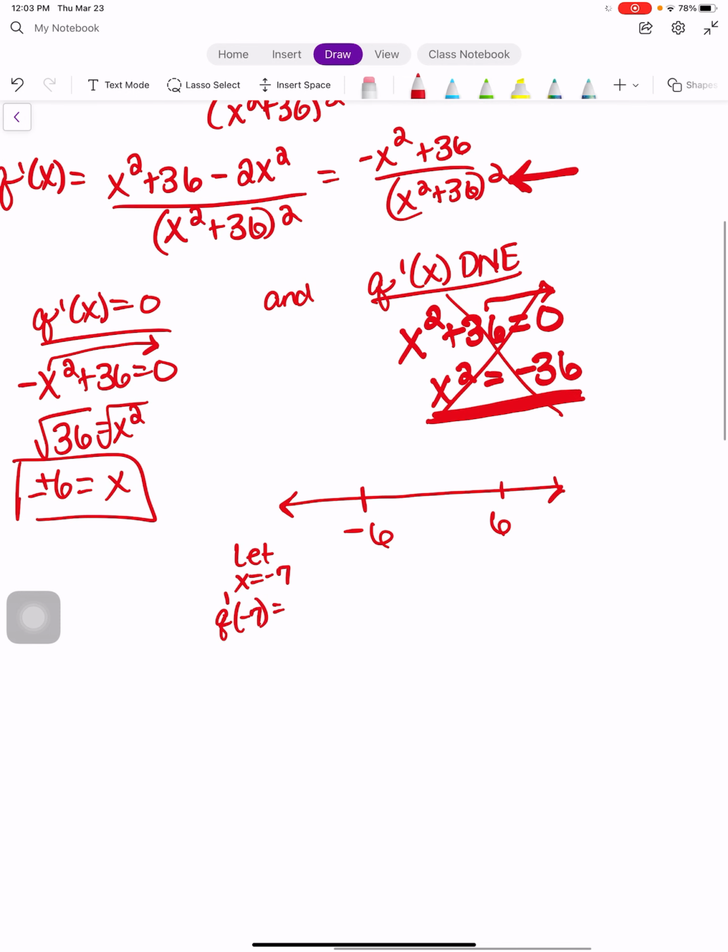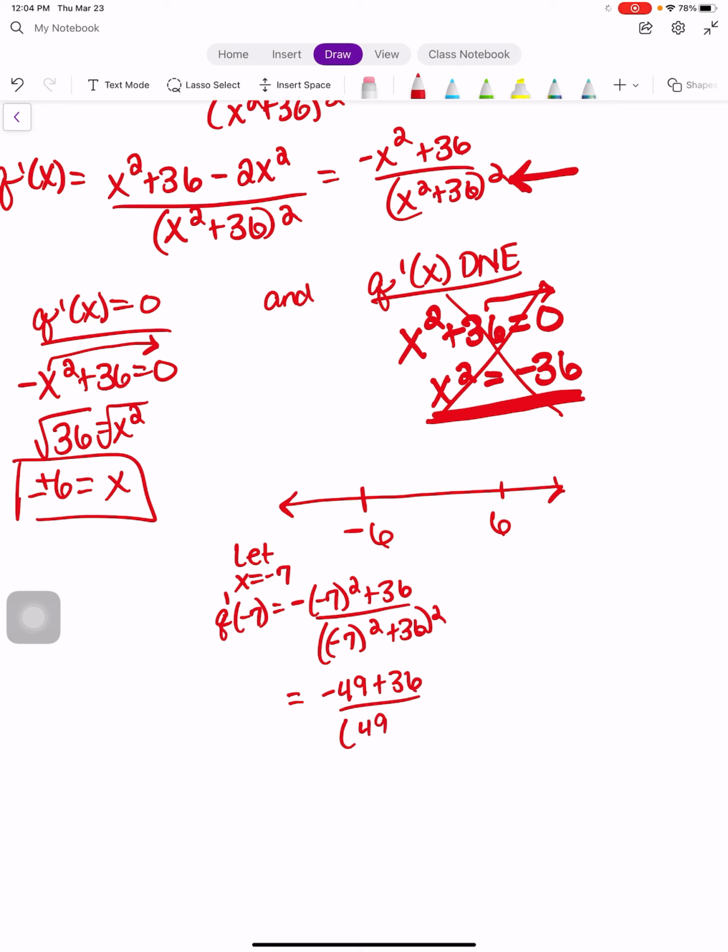And that would give me the opposite of negative 7 squared plus 36 divided by negative 7 squared plus 36 all squared. And so I would simplify this, and this would give me negative 49 plus 36 divided by 49 plus 36 all squared.